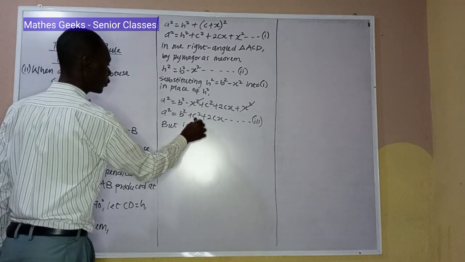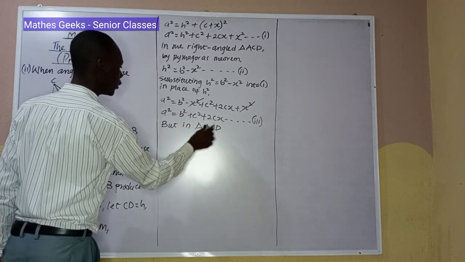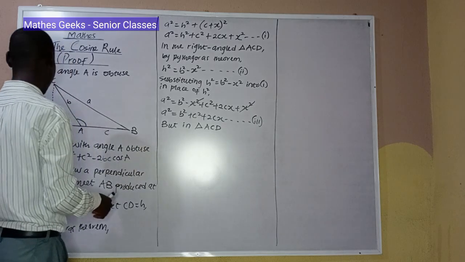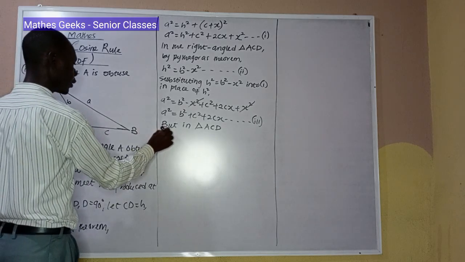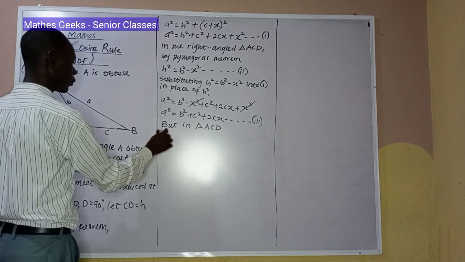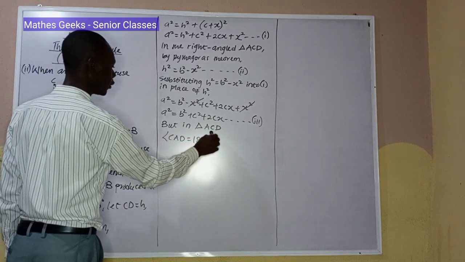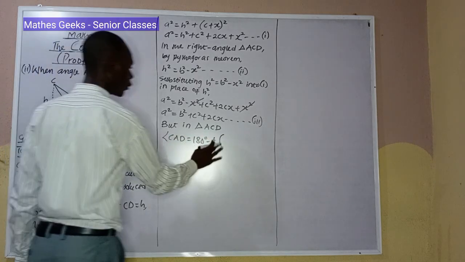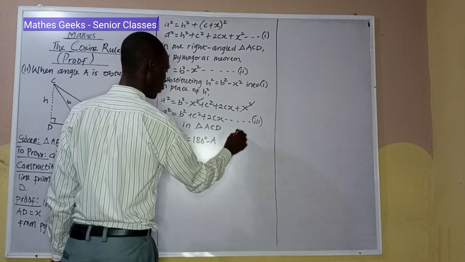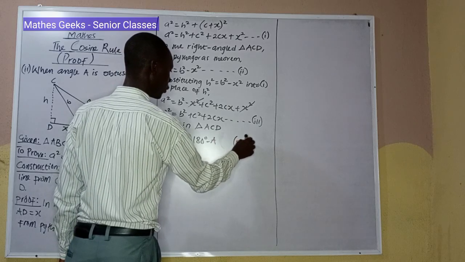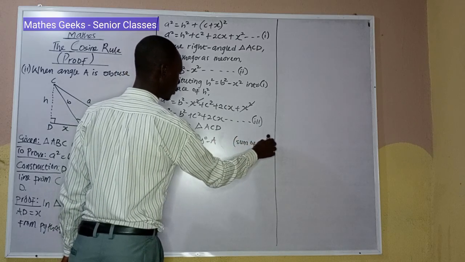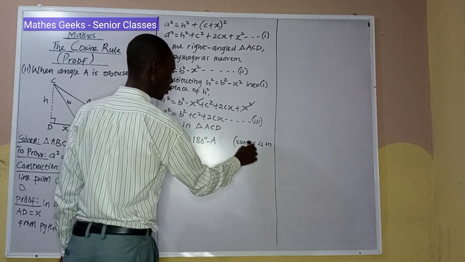But in triangle ACD, angle CAD is equal to 180 degrees minus A. What's the reason? Sum of angles on a straight line.